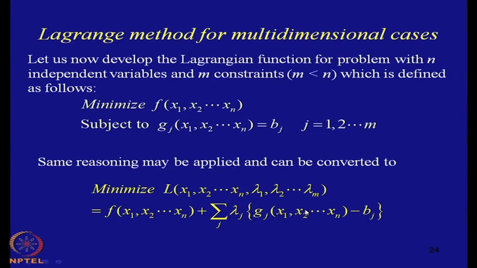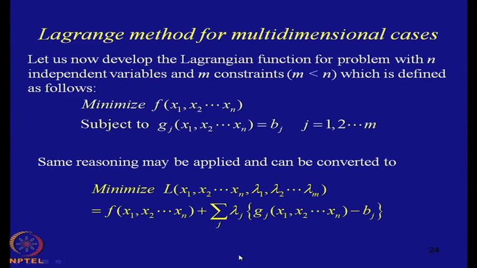It is again an unconstrained optimization problem, and it involves m plus n decision variables, because of the n original decision variables, and we have introduced m Lagrange multipliers due to the m constraints. This is the form of the Lagrange function: f plus summation of lambda j into (gj minus bj), j running from 1 to m.